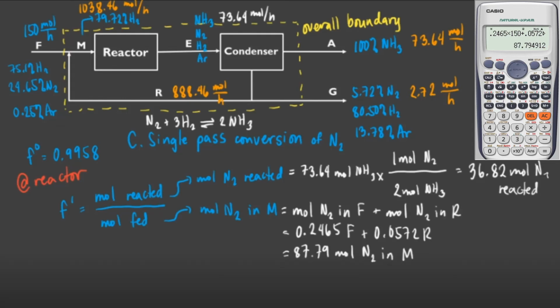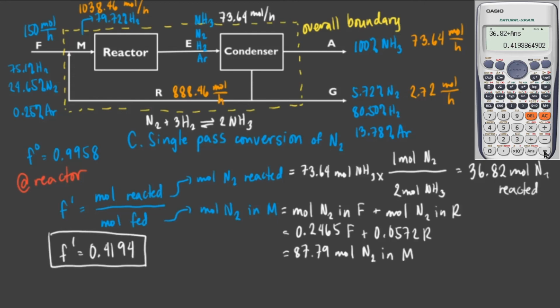Now that we have our numerator and denominator values, we simply divide them to get the single pass conversion. 36.82 divided by 87.79, our single pass conversion is equal to 0.4194 or 41.94%.